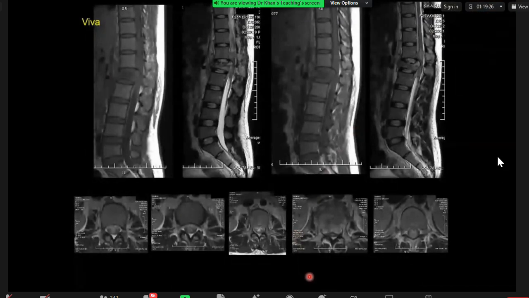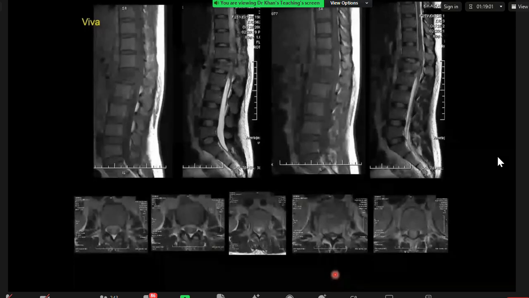These are selected images of MRI thoracolumbar spine, demonstrating a vertebral body fracture. There's loss of vertebral body height and also indentation of the posterior vertebral body margin into the spinal canal, compressing the cord at the L1 region.